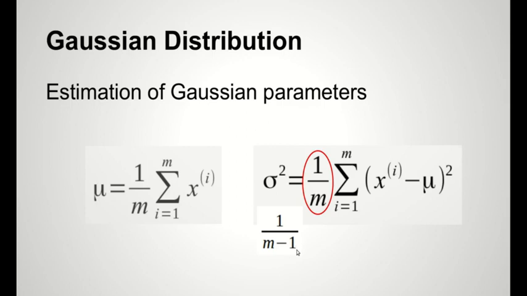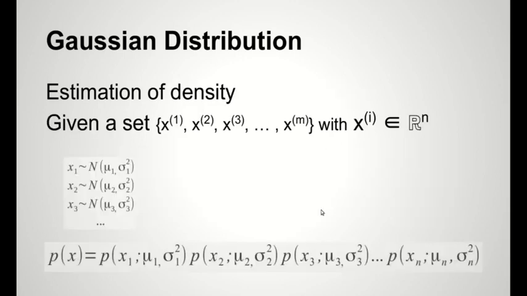I mean, in the data warehouse example, x1 could be the CPU load, x2 could be memory usage, and x3 could be the data flow. We calculate the mean and the variance for all of our variables, so we can use them to predict the probability of a given x to occur.